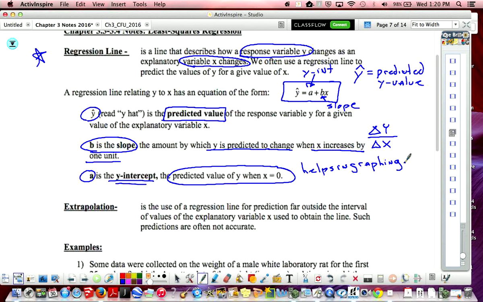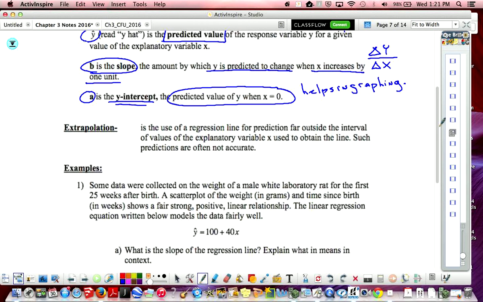When that happens, we can have what we call extrapolation. You may have heard that word in a social studies class before. Extrapolation is where we use a regression line to predict something that is outside our data. When you are using a regression line, you might have some data here, I'll make a nice positive linear pattern.